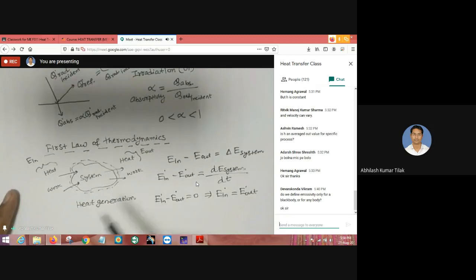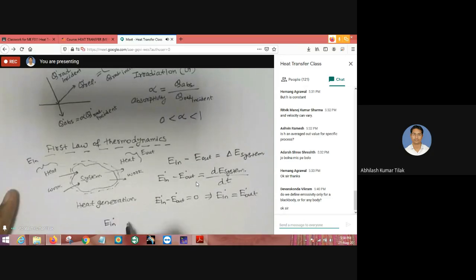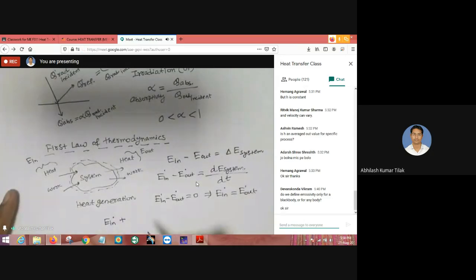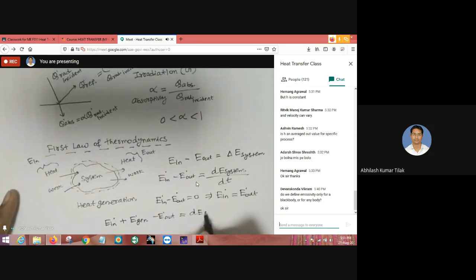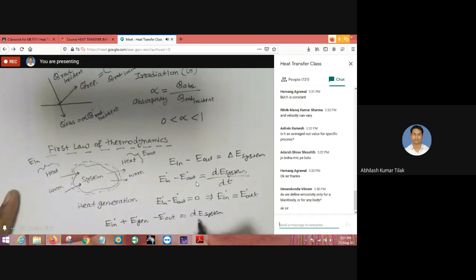So if there is a heat generation term, I can write this equation as E in plus the energy generated within the system minus E out is equal to dE system upon dt.